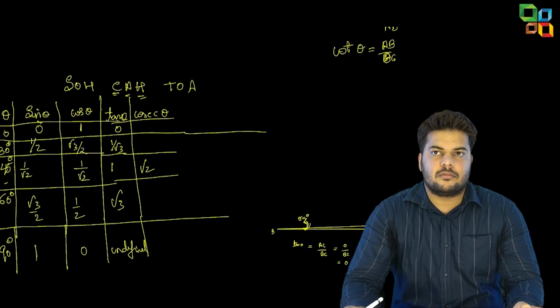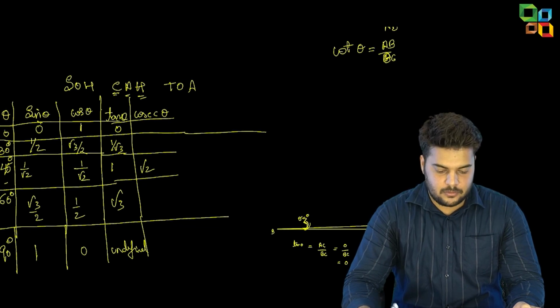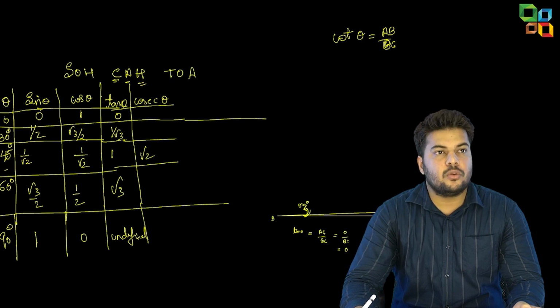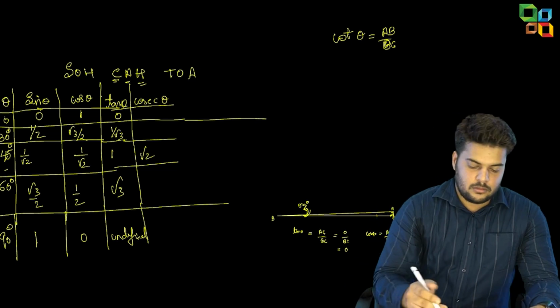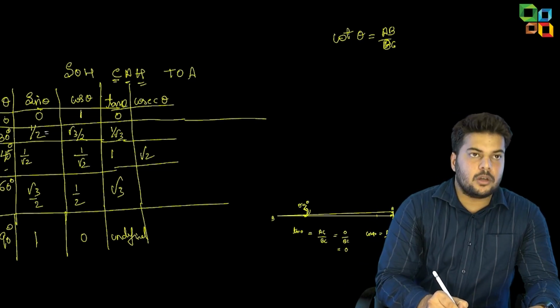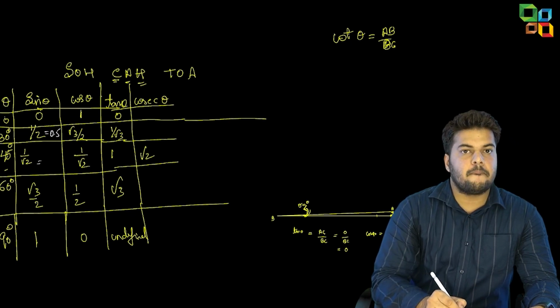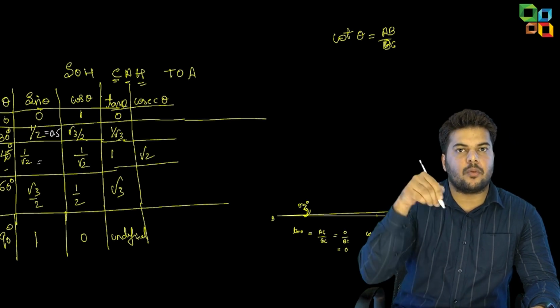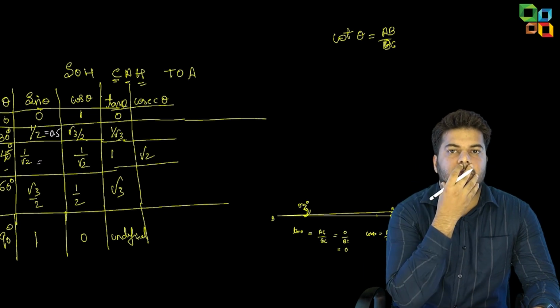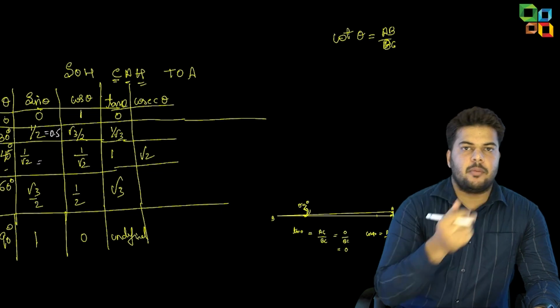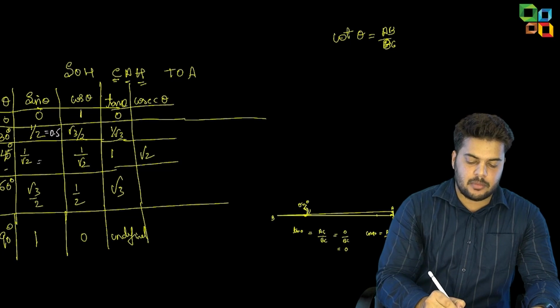Sir, I'm thinking it should be close to 30 degrees. It should be close to 30, maybe more than 30. 1 by 2 is 0.5. 1 by root 2 is what? You can try it. It should come around 0.7, 0.71 if I remember correctly.